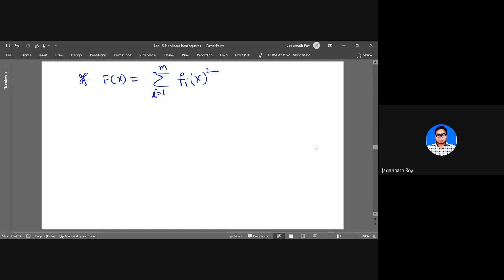Okay. So this is the same as writing f_i squared of x. Don't be confused. x is our x1, x2, ..., xn transpose. That means we have an n-variable function, an n-tuple.